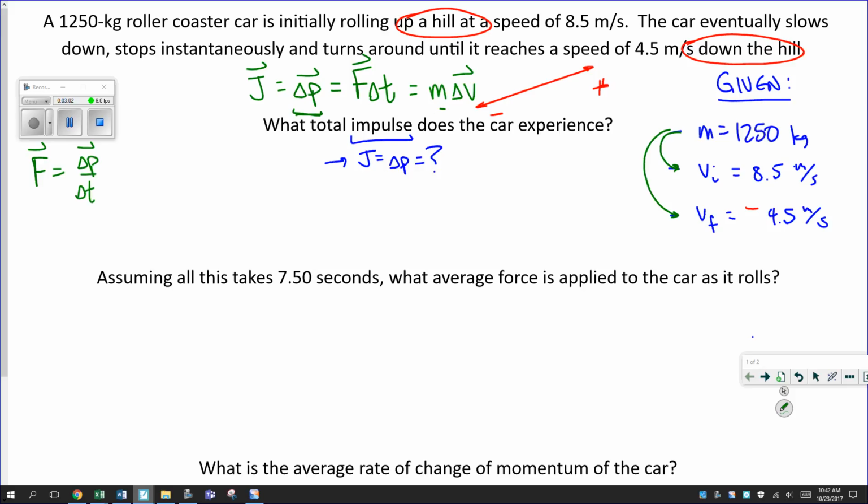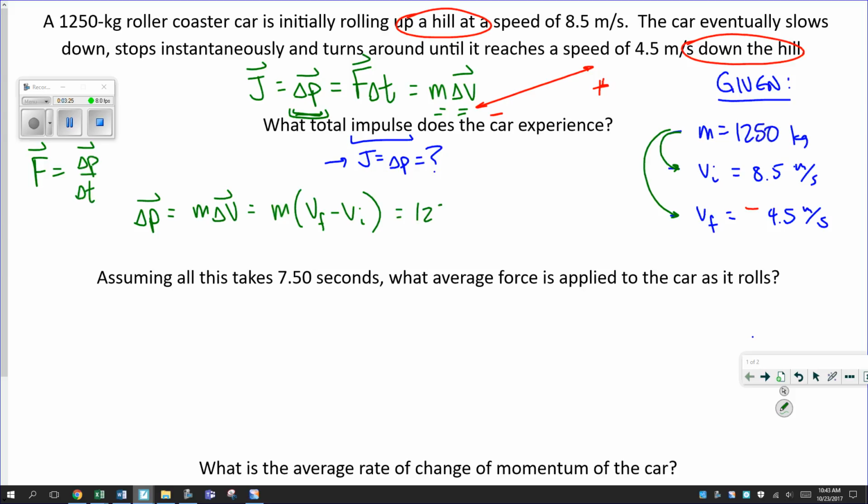Mass times change in velocity gives me change in momentum. We know the M delta V part, or at least we know enough to fill that in. So delta P, impulse, is M times delta V. That's M times V final minus V initial by definition.